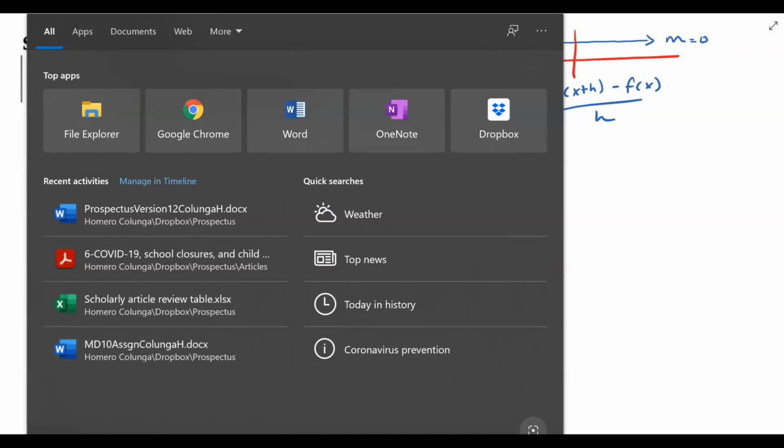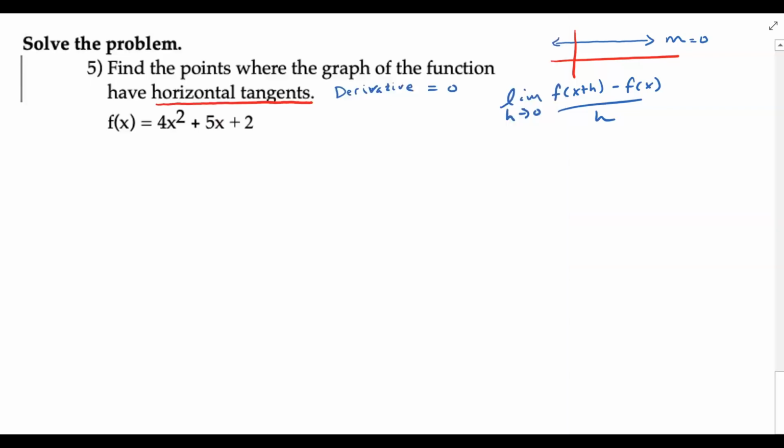I'm going to plug in x and not look back. I'll write out the limit as h approaches 0 of f of x plus h minus f of x, all divided by h.